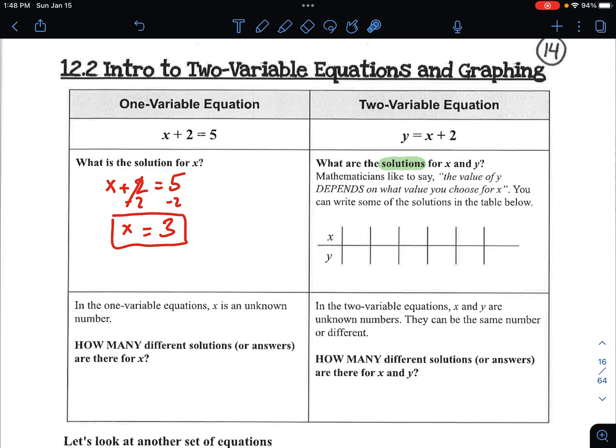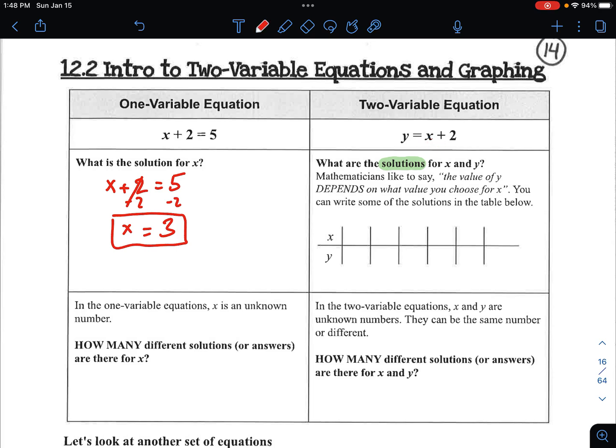Over here, y equals something else. Well, let's read further. It says, mathematicians like to say the value of y depends on what value you choose for x. You can write some of the solutions in the table below. So we should choose a value for x and figure out what y would equal.